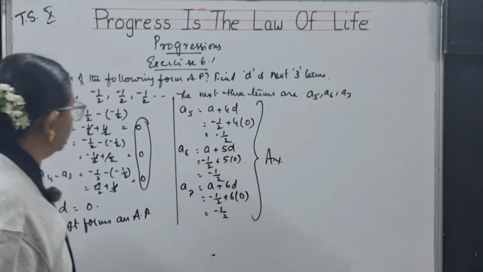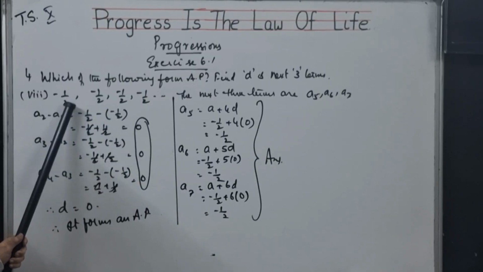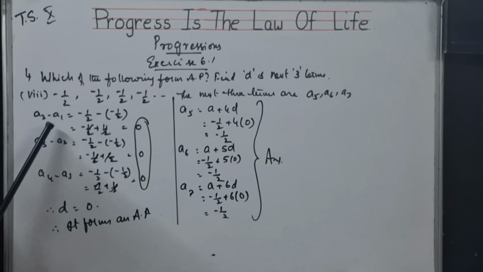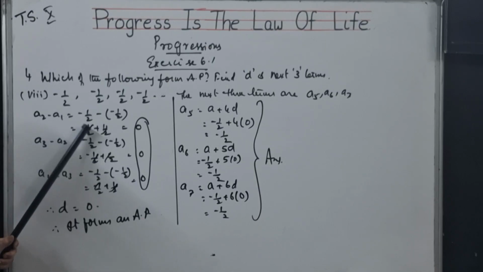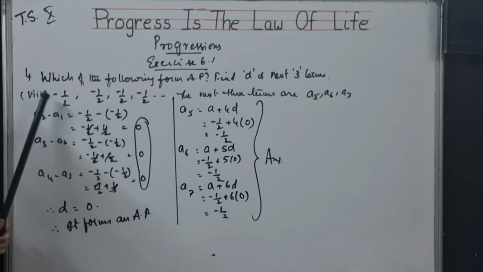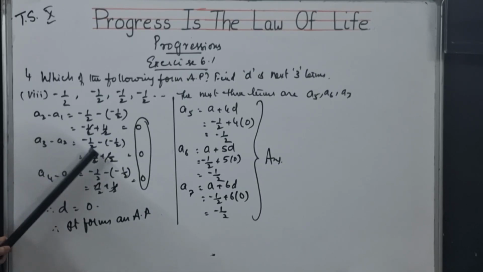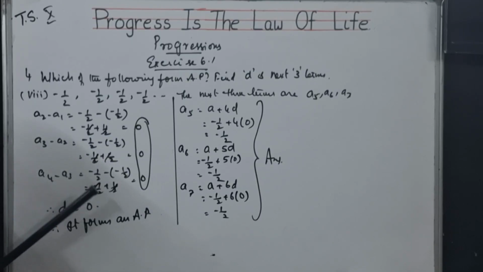So let us see once again. All values are minus 1 by 2. A2 minus A1, minus 1 by 2 minus of minus. Because of minus you have to keep bracket. So minus 1 by 2 plus 1 by 2 is 0. Same way A3 minus A2, A4 minus A3 also. That means you have got common difference 0. So it forms an AP.